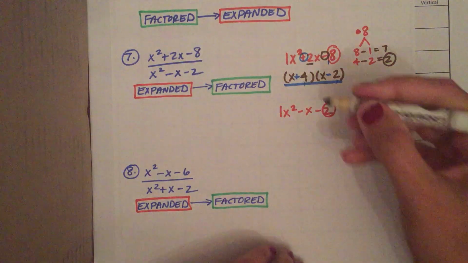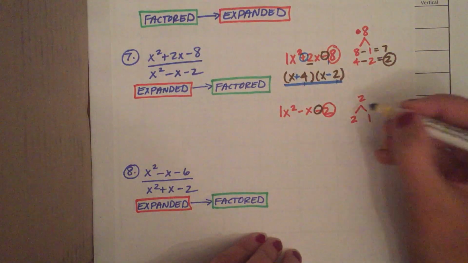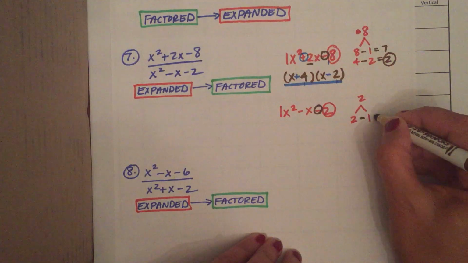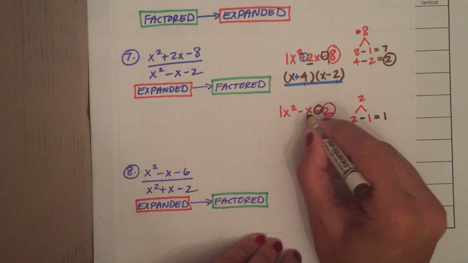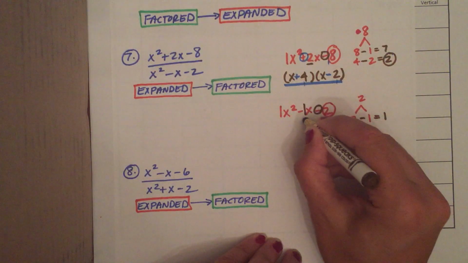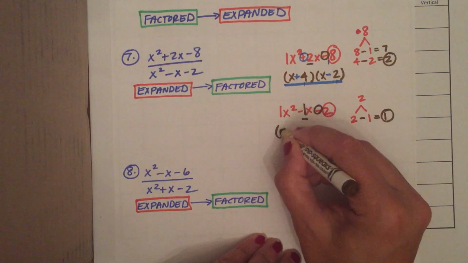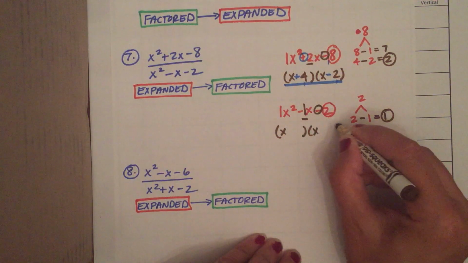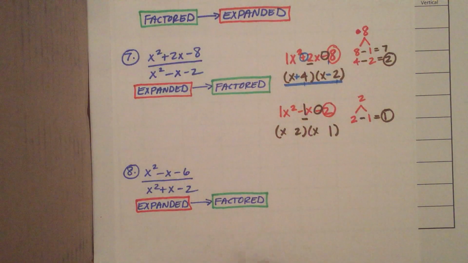I'm going to look at the sign of my c term, which happens to be negative. So that means I'm going to be subtracting these terms. And I'm looking for a value of 1, since this is minus x, that's the same as 1. So I know I'm going to have x, and my two factors are going to be 2 and 1.